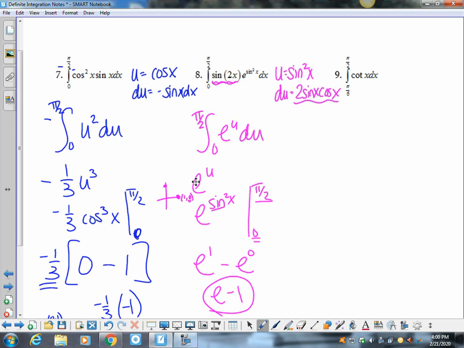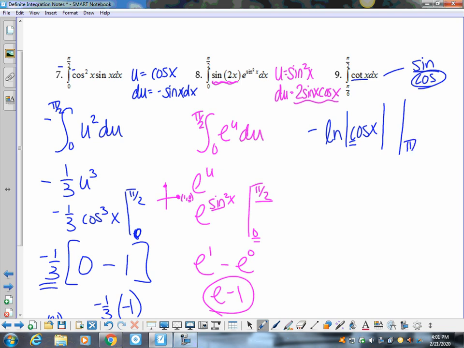Number 9. Cotangent, just a plain cotangent. That's one of those integral rules you have to have memorized. I remember it because cotangent is sine over cosine, and it's always the denominator. So it's ln of cosine, and that is a c, so it's going to be negative.